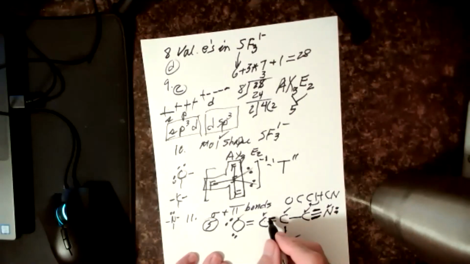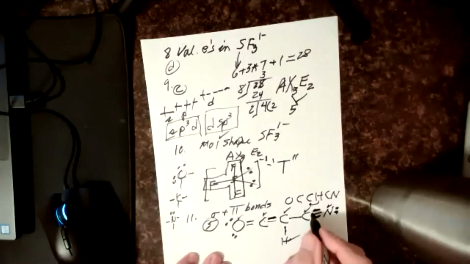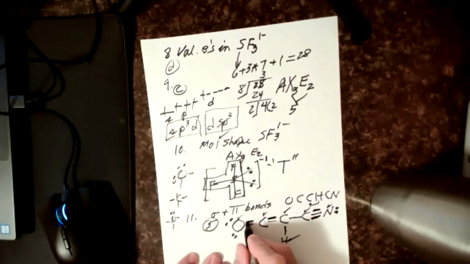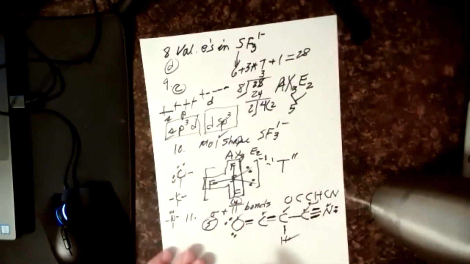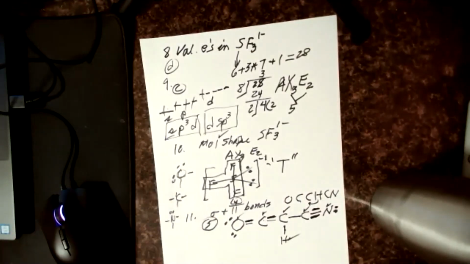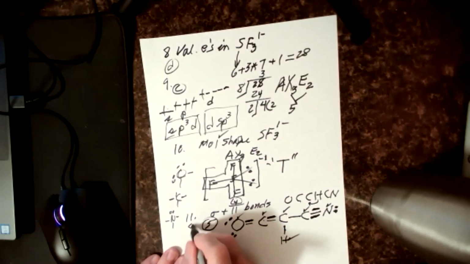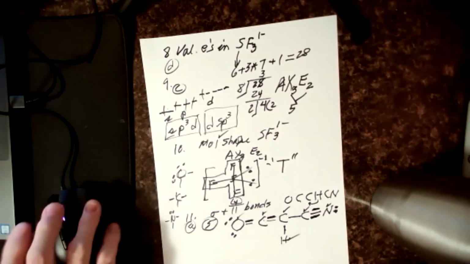Those are pi bonds. That one, 1, 2, 3. 1, 2, 3, 4 pi bonds. So I've got 4 pi bonds. So my answer should be 5 sigma, 4 pi, and that's answer A on number 11.